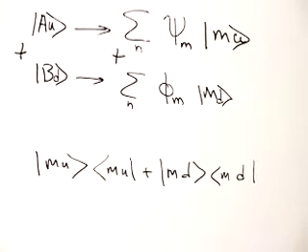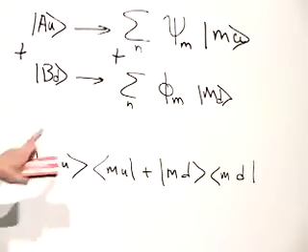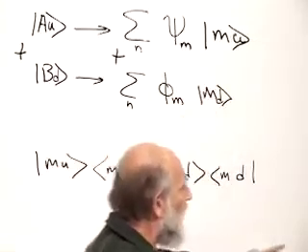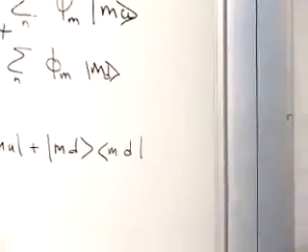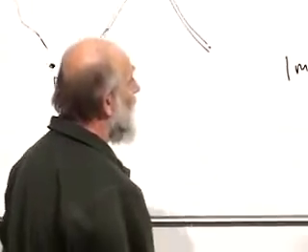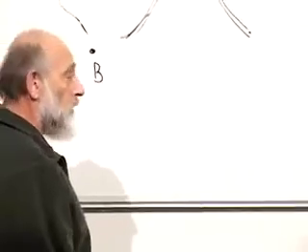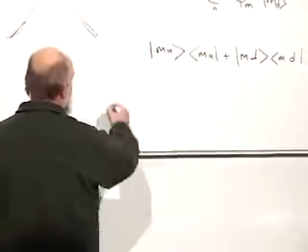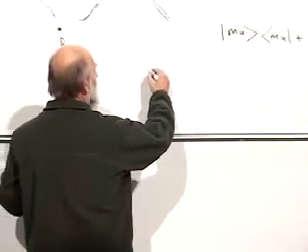We add these together. Now we cannot factor out M up and M down and write it in this form, because each one multiplies a different ket vector. Psi m multiplies one ket vector, phi m multiplies another ket vector. All right, let's bite the bullet and do the whole thing.